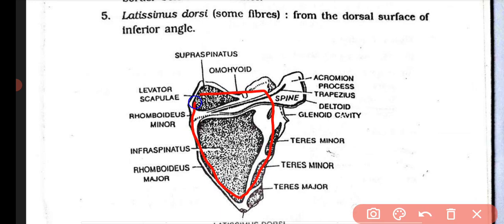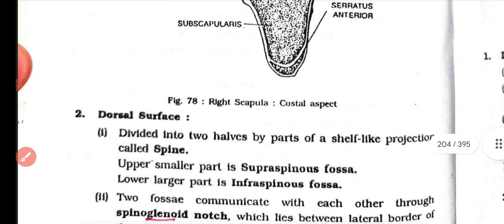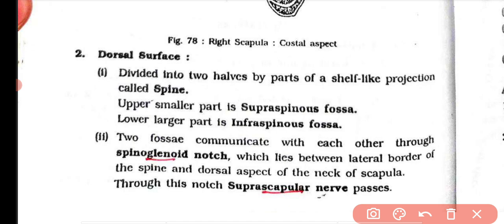This whole portion is the dorsal surface. The spinous process divides it into two halves. The upper half is the supraspinatus fossa, and the lower half is the infraspinatus fossa.